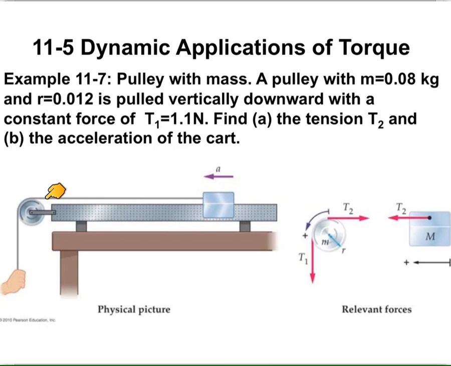And this string is going over a pulley, and again the pulley is free to rotate without sliding with the tension in the string. And you have, of course, two different tensions for that string, even though the string is the same, unlike the cases in chapter 5 and 6.